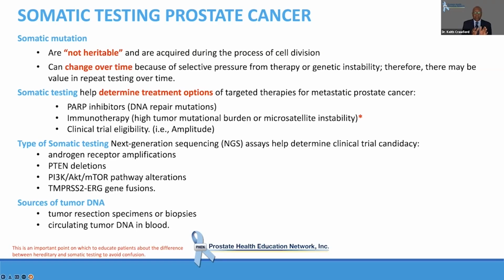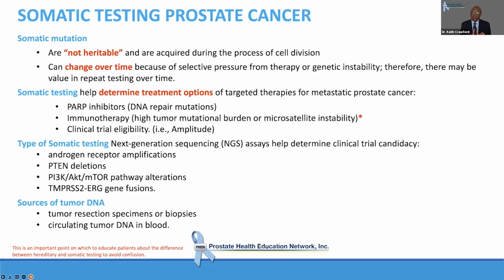Now, you may have already heard something called NGS, next generation sequencing. This is a much more detailed sequencing. It allows you to look for specific gene pathways, whether it's androgen receptor amplification or any other pathways that may be associated with genes.